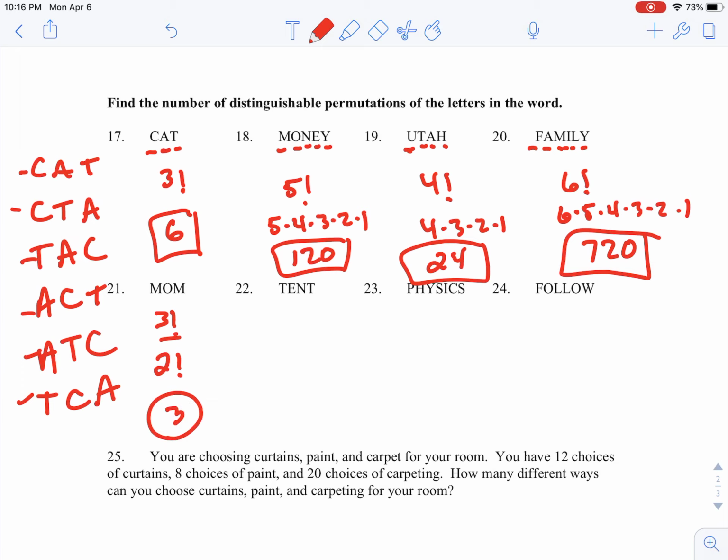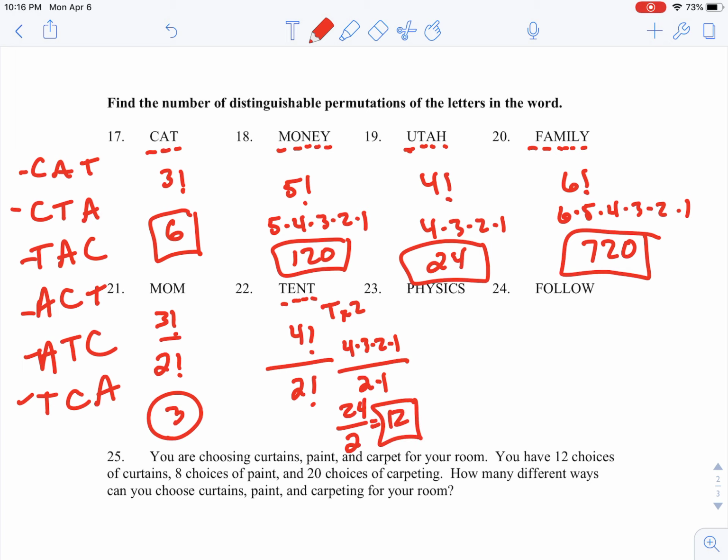The answer is 3. T-E-N-T, so that's 4 factorial. But now T is twice, so 2 factorial. Use your calculator. This is 4 times 3 times 2 times 1, that's 24, divided by 2 times 1. The final answer is 12.